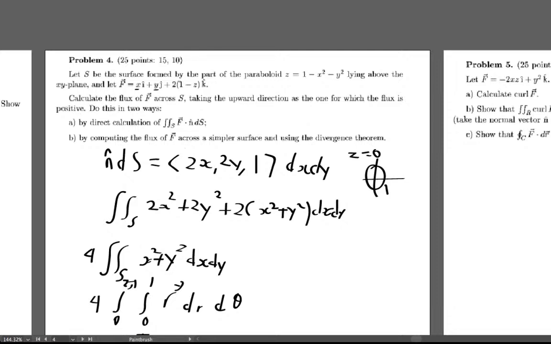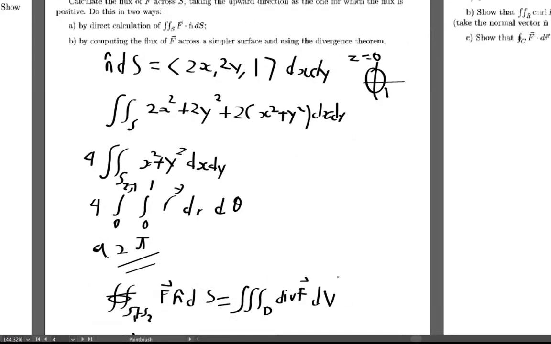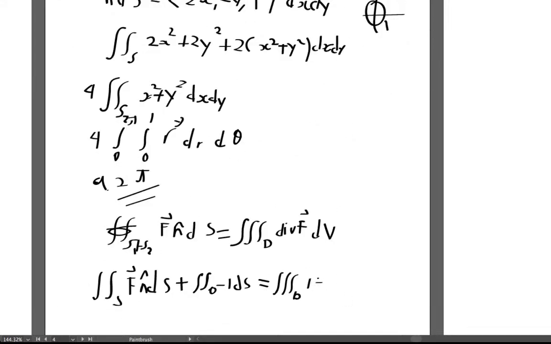It's pretty simple. And so what you get is 1 plus 1 minus 2 dV, and this would actually result in 0.